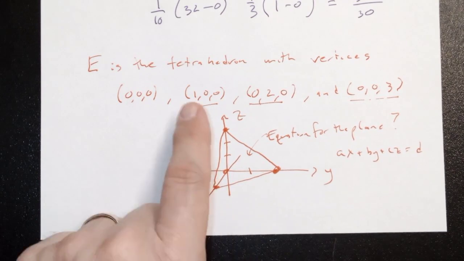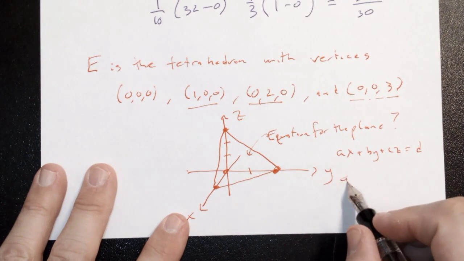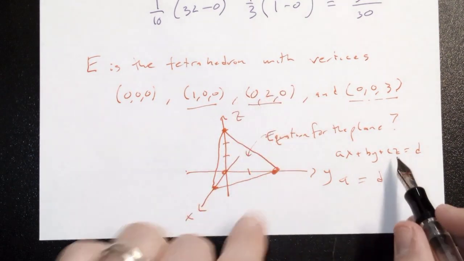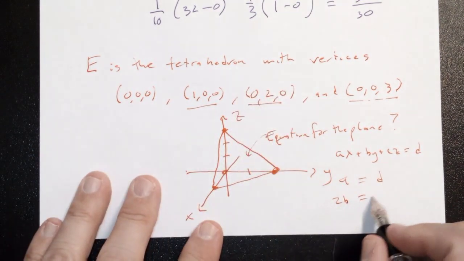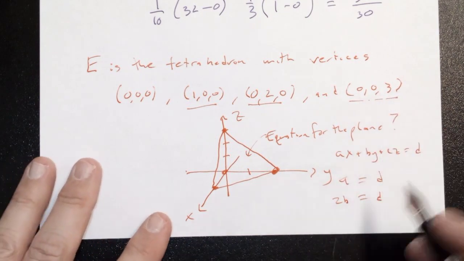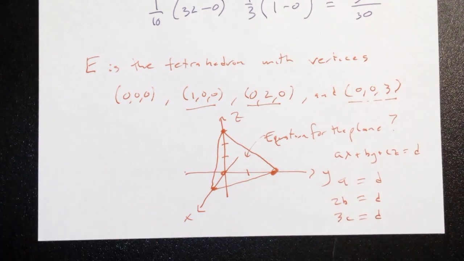If I put in 1, 0, 0, then I get A equals D. If I put in 0, 2, 0, I get 2B equals D. If I put in 0, 0, 3, I get 3C equals D. Give me a number that's divisible by 1 and by 2 and by 3. So let's use D equals 6 and write out the equation.